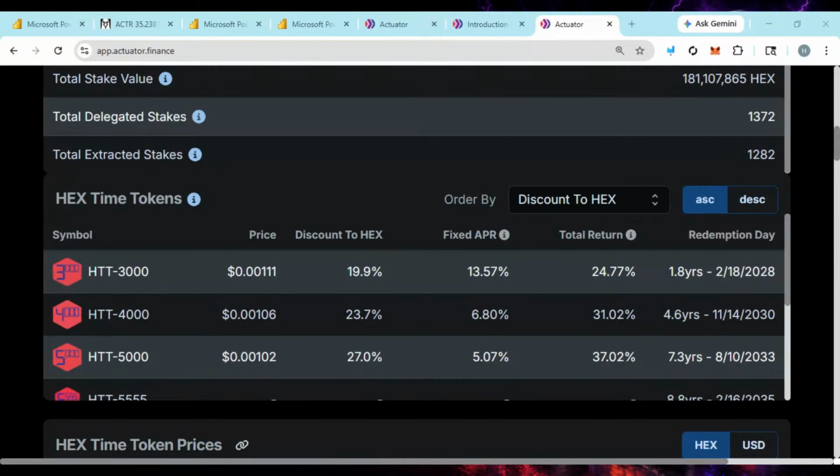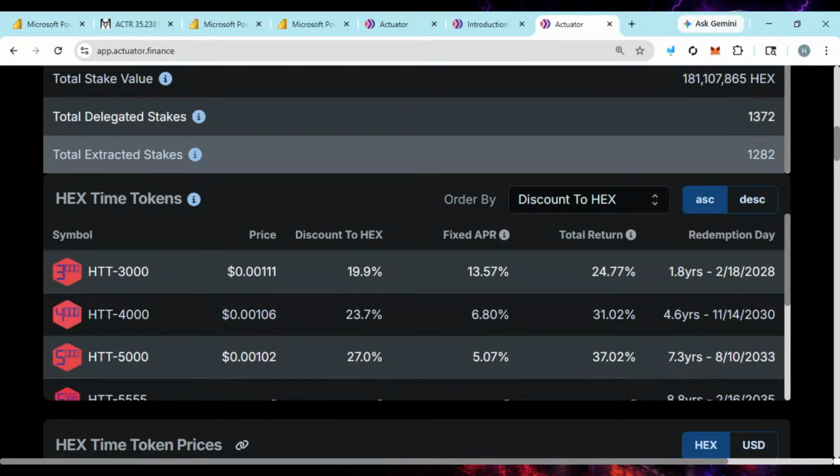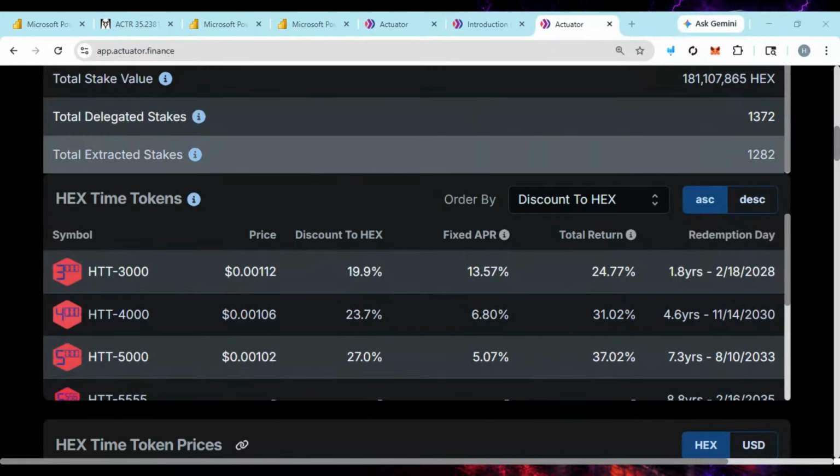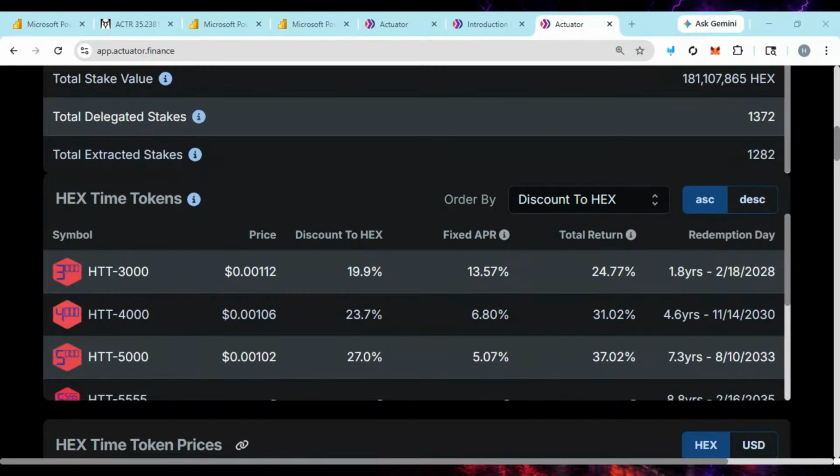Now, there are a lot of people that have large amounts of HEX out there that they're not doing anything with. And so the HELOC relationship here is this. Obviously it's not a home equity line of credit, but it is another way. There are some other protocols out there that allow you to borrow against HEX, but this is yet another way to take HEX and do something with it.